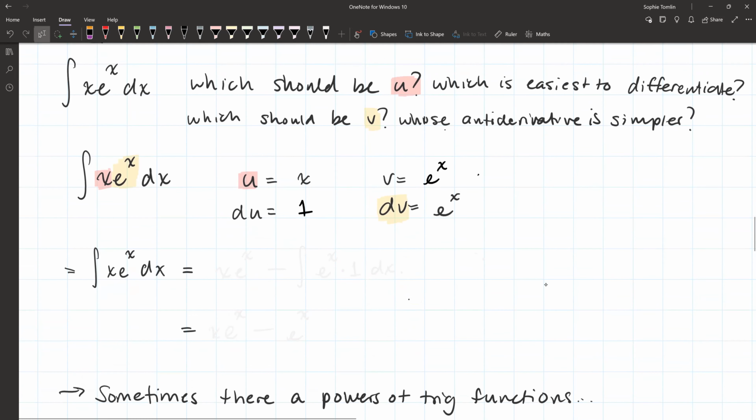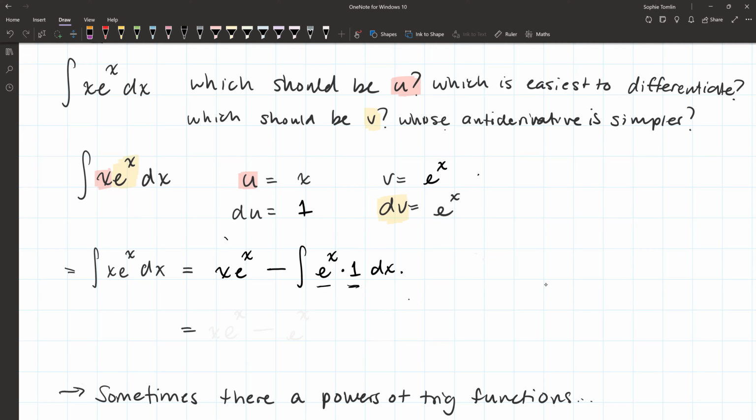So then moving on to our integration by parts formula, we have x times e to the x minus the integral of e to the x times 1 dx. So here we have u times v minus the integral of v du.